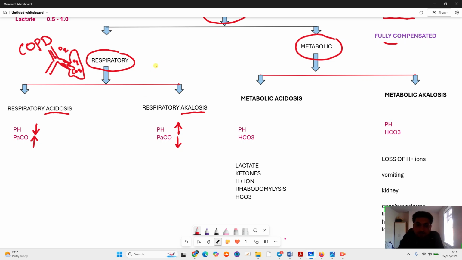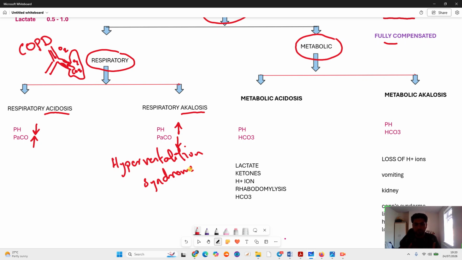The patient has a condition such as hyperventilation syndrome. What will happen here?